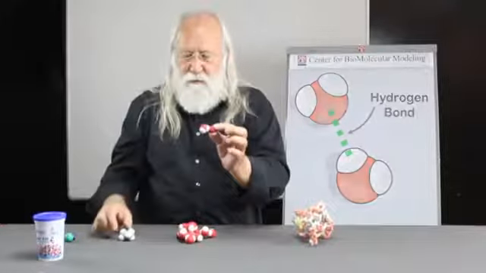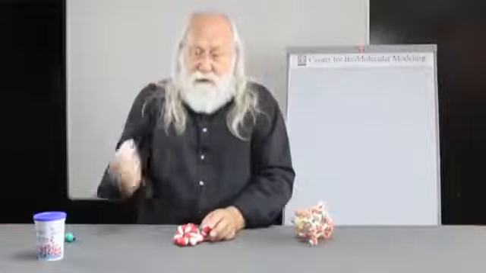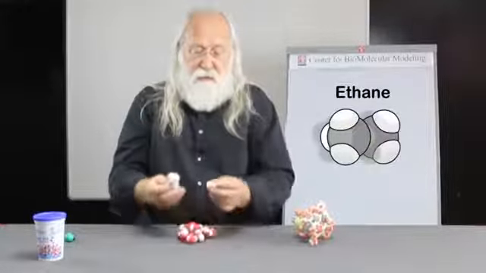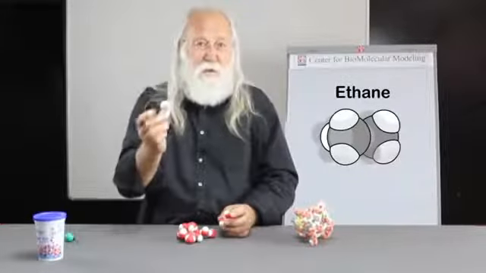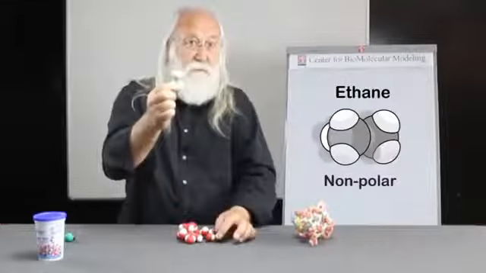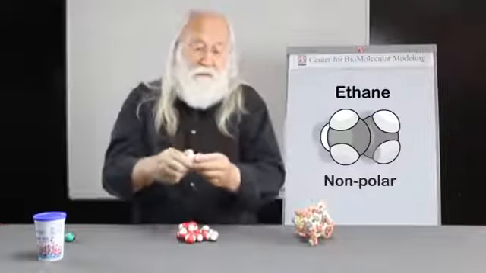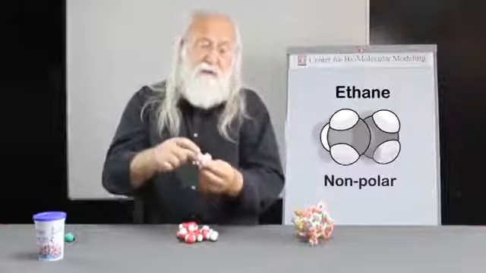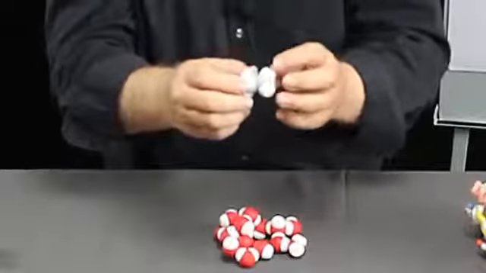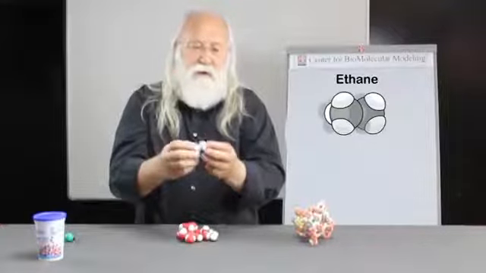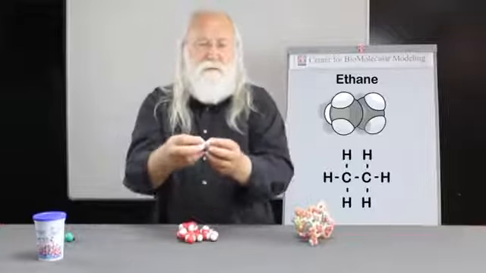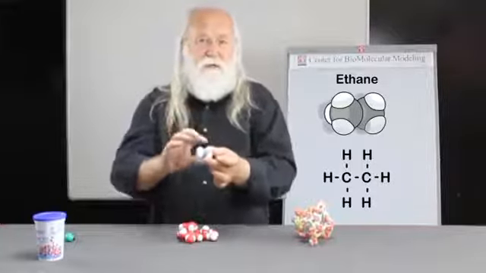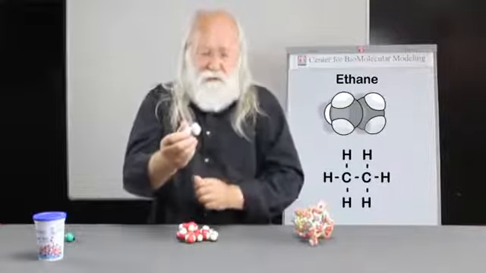That's a polar molecule. We have another molecule in the water cup. This is a hydrocarbon, ethane. And ethane is sort of the opposite of water in that ethane is nonpolar or hydrophobic. And that results from the fact that the electrons contributed by all 8 of these atoms, 2 carbons, 6 hydrogens, are symmetrically distributed around this molecule.